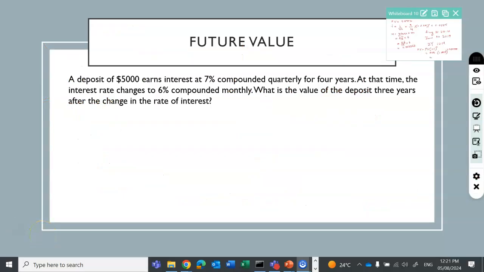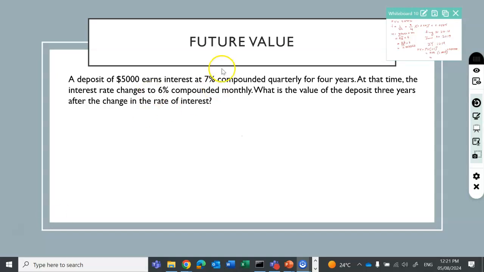So the next example on future value: a deposit of $5,000 earns interest at 7% compounded quarterly for 4 years. At that time, the interest rate changes to 6% compounded monthly. What is the value of the deposit 3 years after the change in the rate of interest? So $5,000 is the present value.